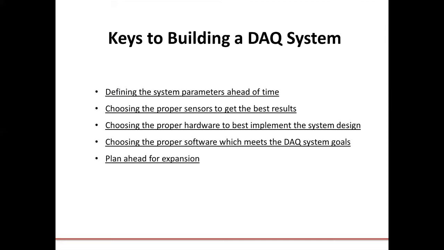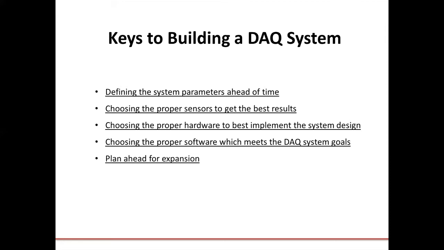And then we'll go over how to choose the proper hardware to best implement the system design. Ideally, it should be either directly connected to a PC, which will be running software, or connected to an embedded or standalone system for data logging. Choosing the proper software which can meet your data acquisition goals.